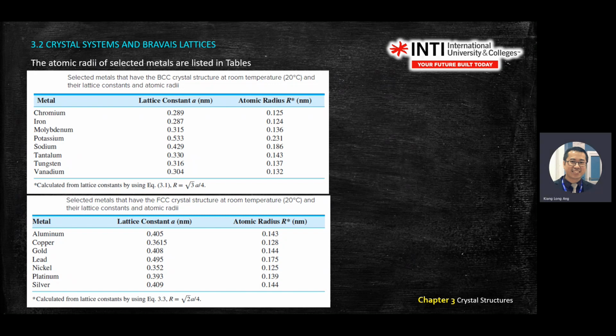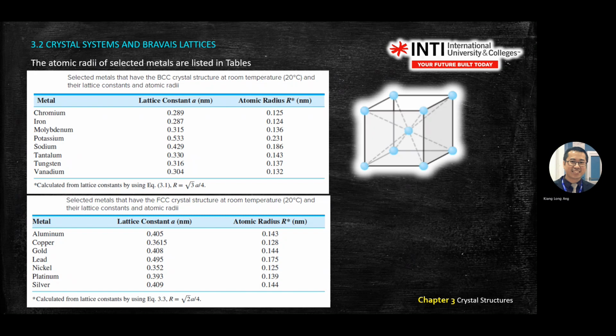Let's say you calculate and find 0.330 for your A. Then from this table, it is this one, tantalum. The A for this material is near this value, 0.330 nanometer, so the answer is tantalum, for example.